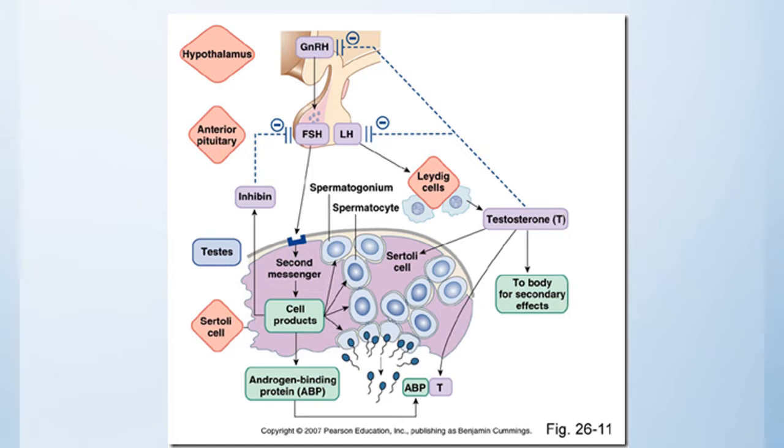Once stimulated by LH, the Leydig cells produce testosterone, which is important also for Sertoli cells, helping in spermatogenesis. Apart from that, it also causes all the secondary sexual characteristics you see in males when they reach puberty, right?